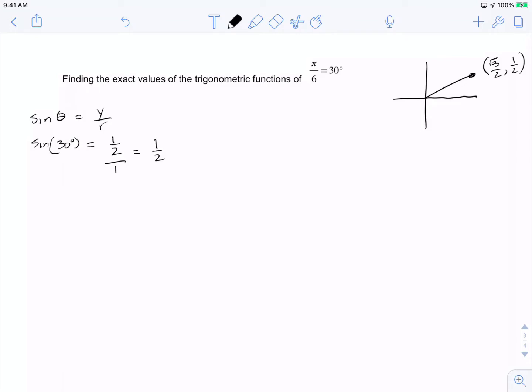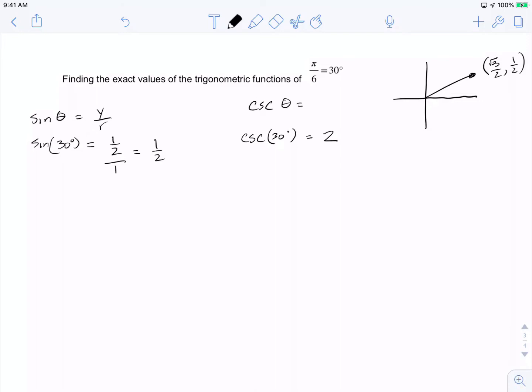Now to save time, I know that cosecant of 30 degrees is simply the reciprocal of sine of 30 degrees. So if sine is 1/2, cosecant has to be 2. But if you don't see that, it's okay.